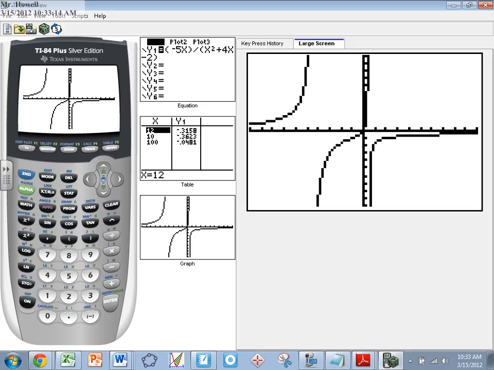Press second insert. You want to insert a parentheses, open or close. Yep. There you go. Now graph.